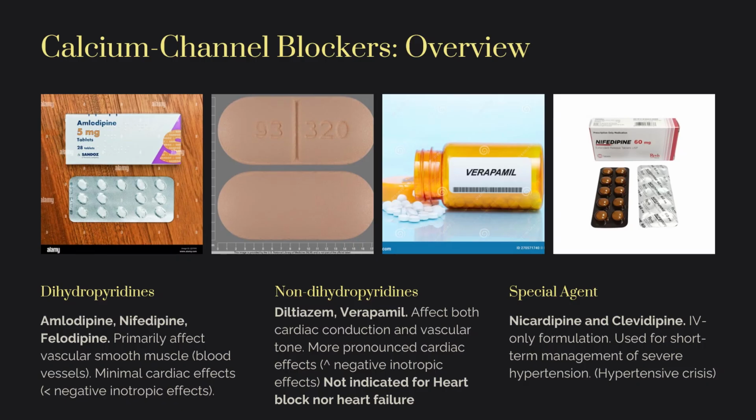So the negative inotropic effect would be that this is decreasing contractility. So these drugs don't really decrease contractility, okay? The dihydropyridines don't really affect cardiac contractions, more so just blood vessels, okay?